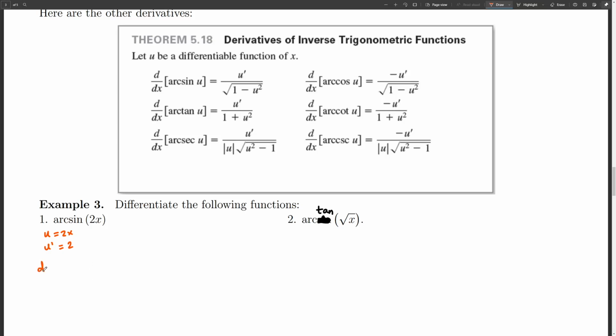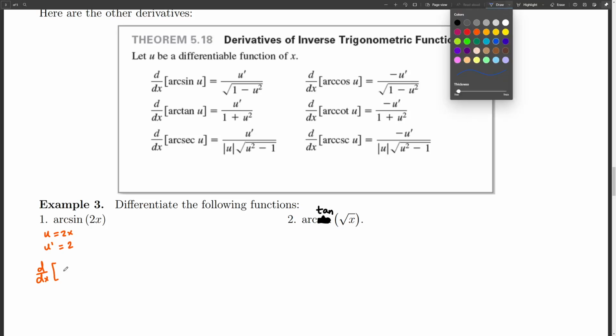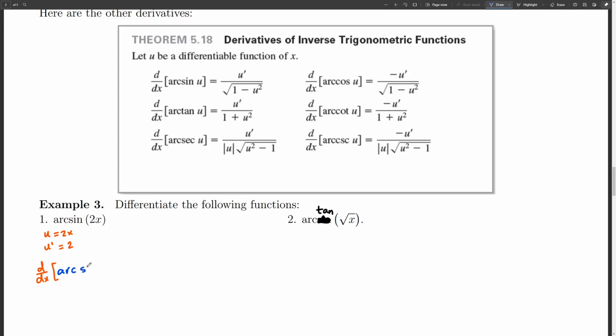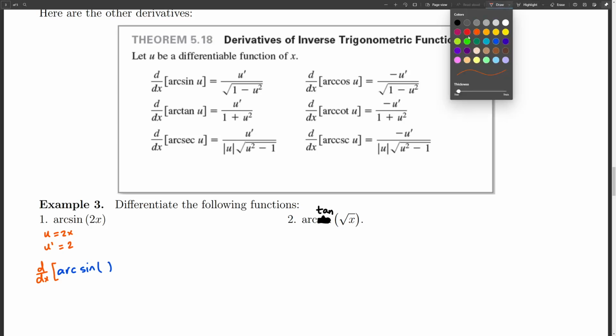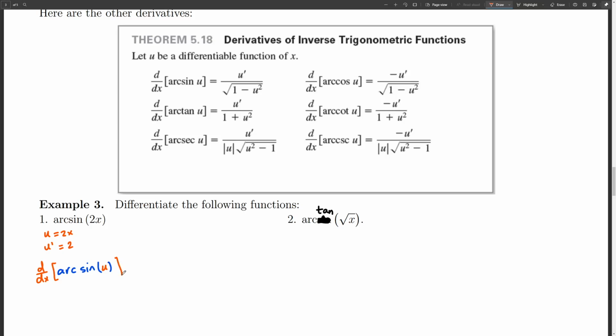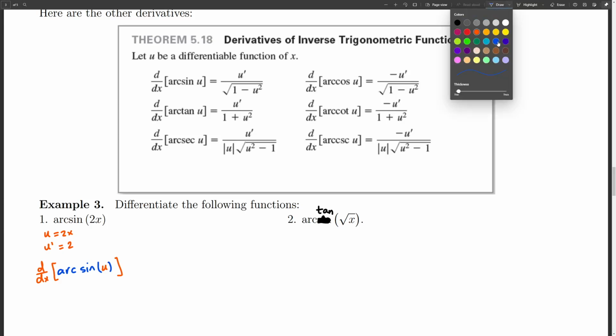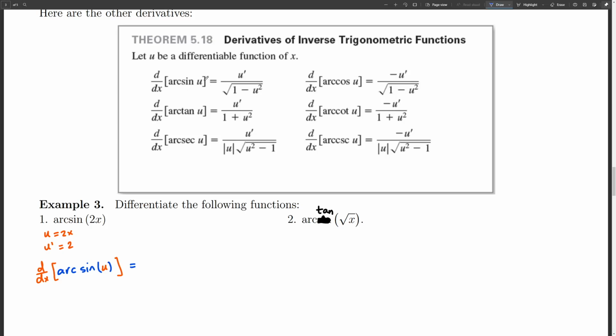Now let me use this theorem here to find that derivative. I'm taking d/dx of arcsine of u, and according to the theorem for the derivative, I get the square root of 1 minus u squared.